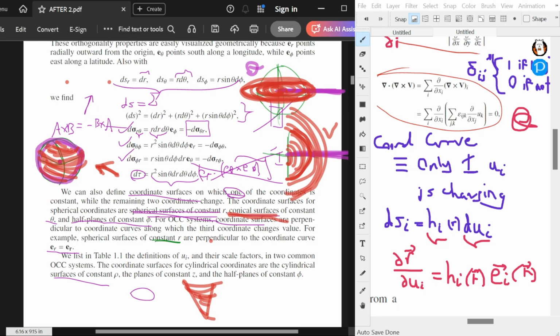Coordinate curves. Spherical coordinate curves. Well, no, coordinate surfaces.